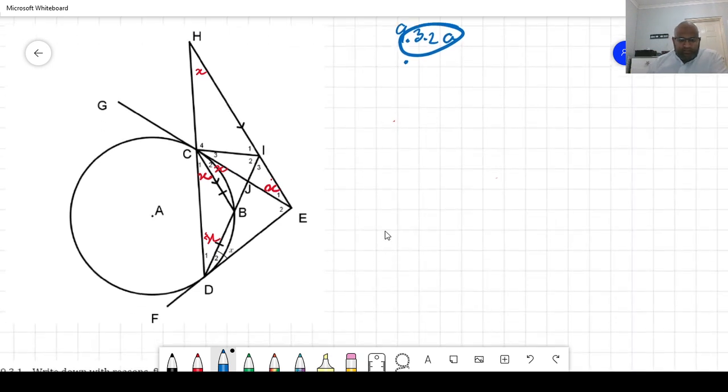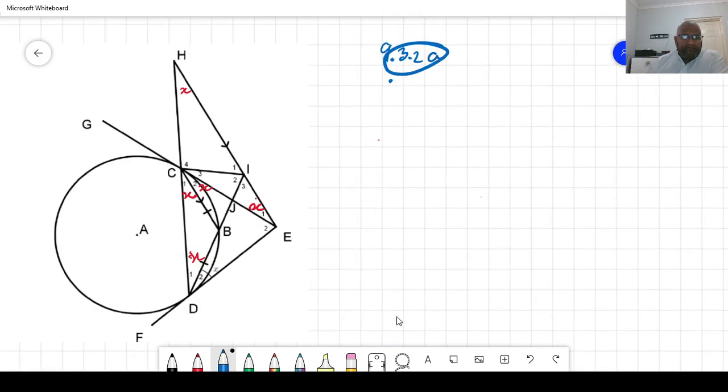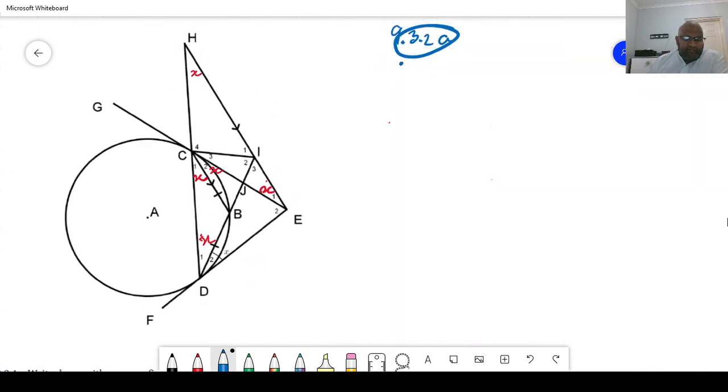So the question says, prove that DCIE is a cyclic quad. Okay, so let us highlight that quickly. DCIE. So this is what they're talking about there. To prove something is a cyclic quad, we prove one of 3 properties.